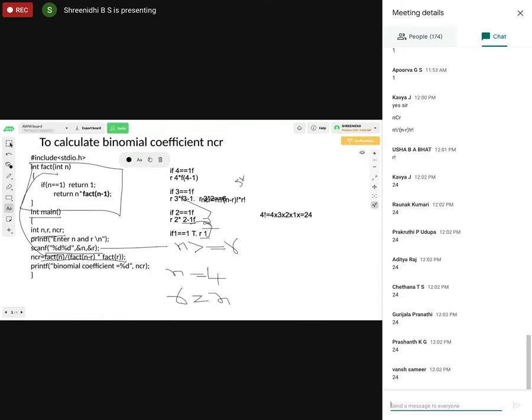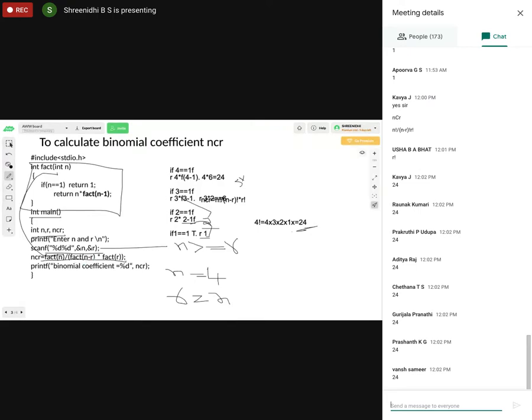That will be 6. So where does this 6 return? Here. It's 4 into 6 is equal to 24. See, I got my 24. I got my fact of 4 is equal to 24.